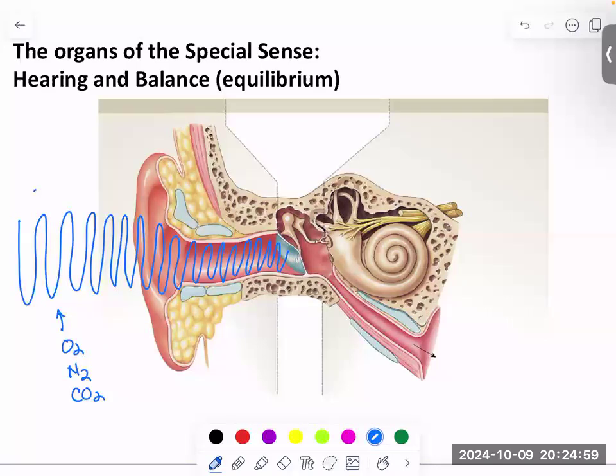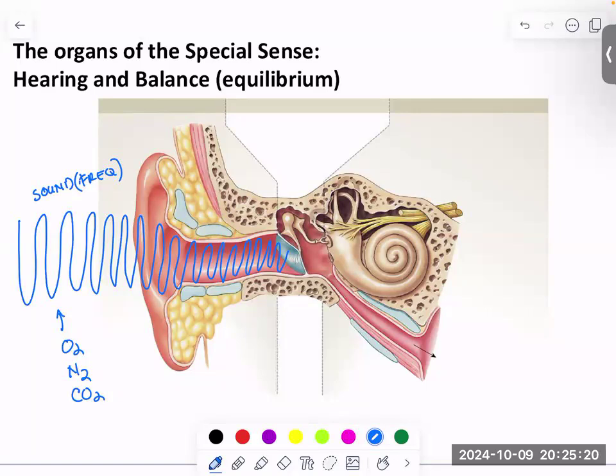So the sound waves have a frequency, and that's going to determine whether it sounds low pitch or high pitch. Some people have high pitch voices, some people have low pitch voices. Depends on how my voice box vibrates that air to create the frequency that moves through the air.